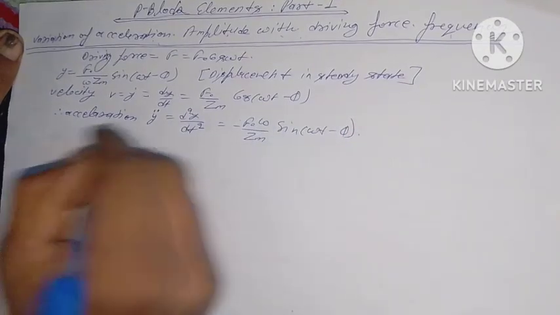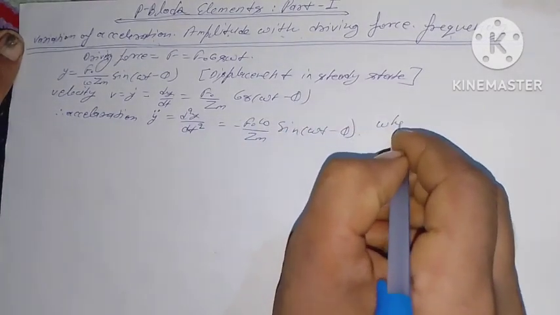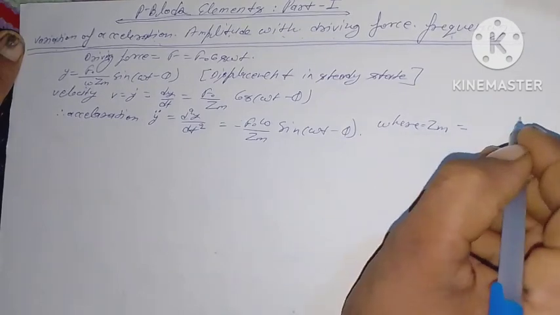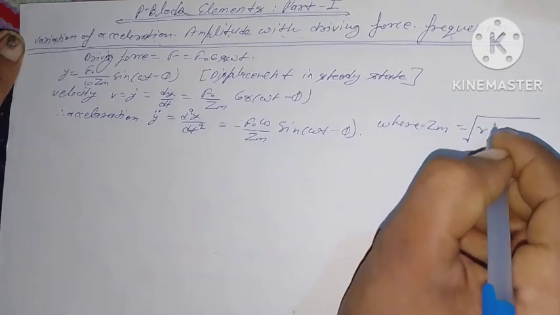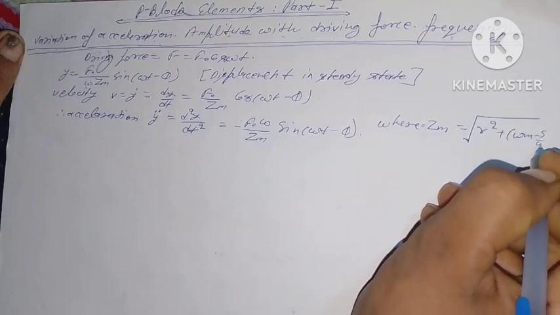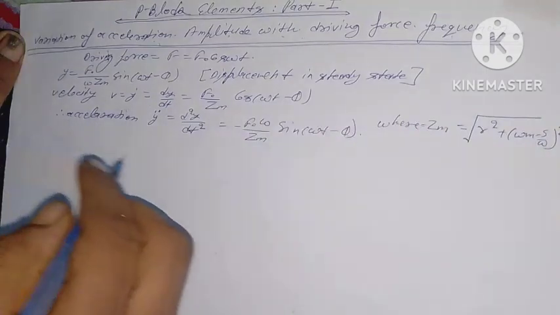Where Zm equal to under root of r square plus (omega m minus s by omega) whole square.